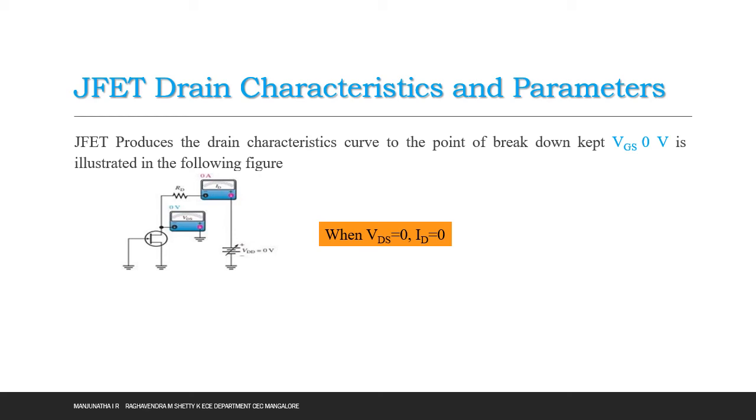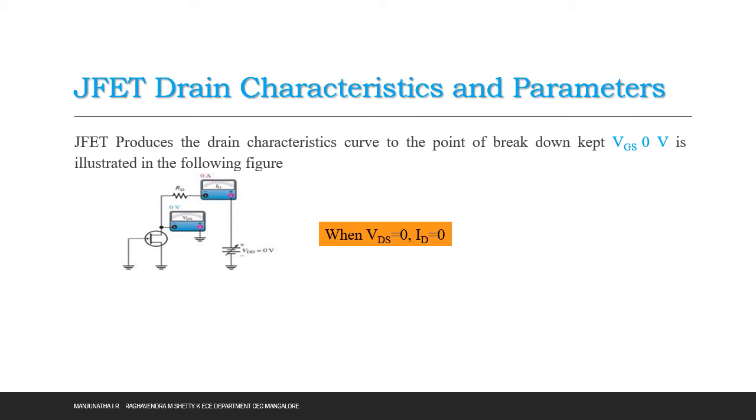One is a voltmeter, another one is an ammeter. The voltmeter is connected between the drain and source to measure VDS, and the ammeter is connected across the drain to measure the drain current. One more resistance is connected, that is RD, to limit the drain current.